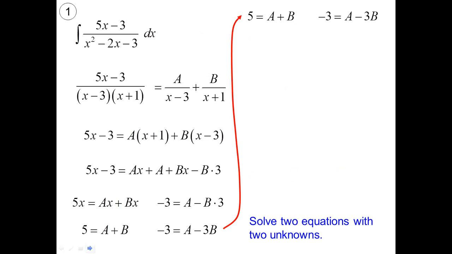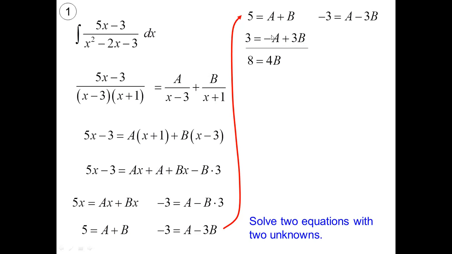And you substitute for your A here. If you add the two equations, this one being multiplied by negative 1, so that this A becomes negative, this becomes positive, and this one becomes negative.